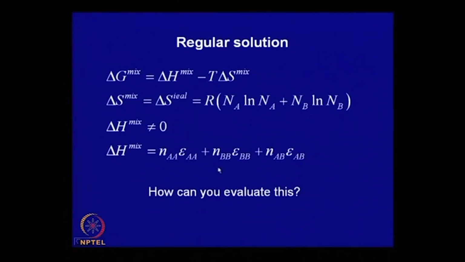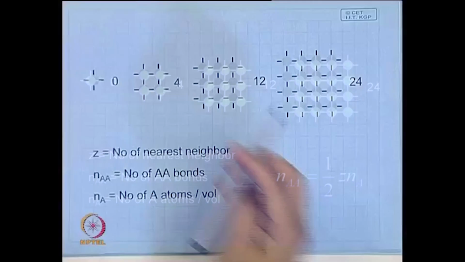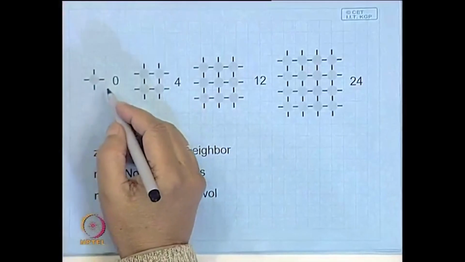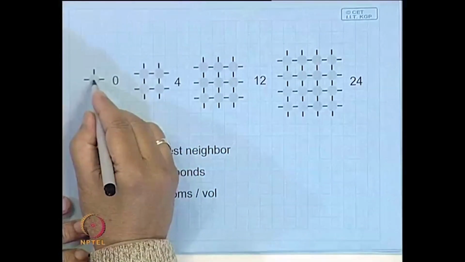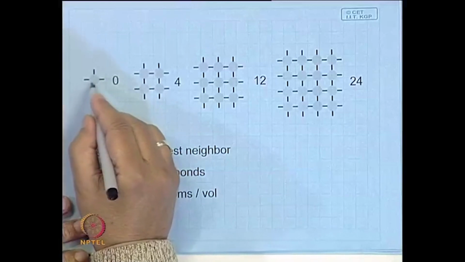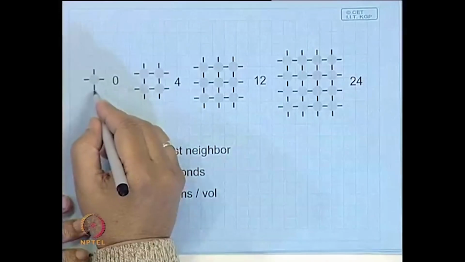Now, how is it possible to calculate this theoretically? Let us see how this is done. When you form bonds, here is a 2D representation of bond formation. This is an atom A, let us say, and it has 4 bonds.